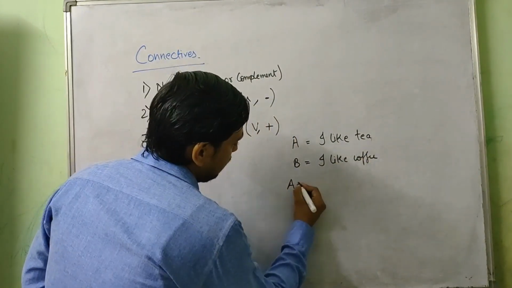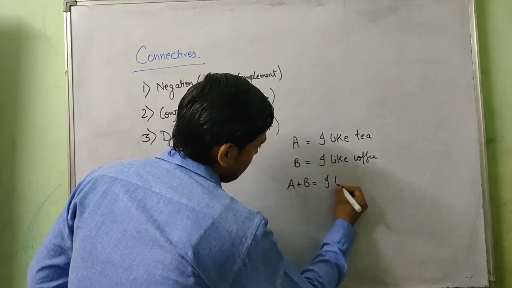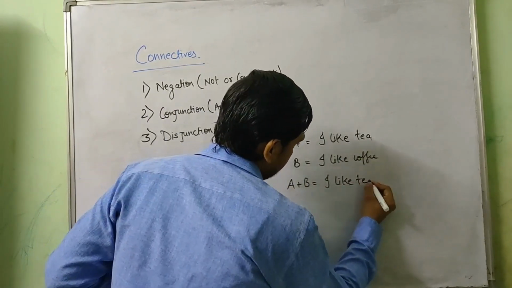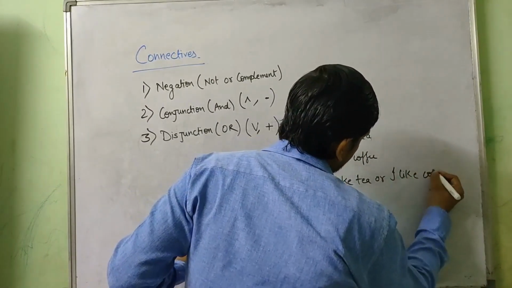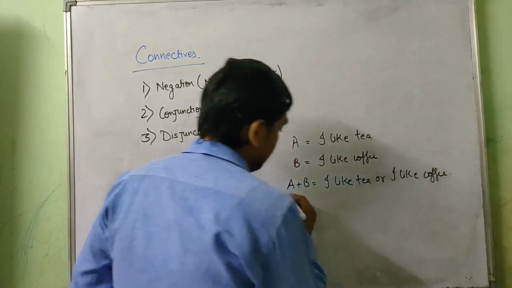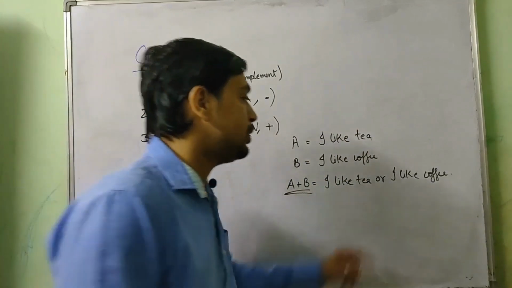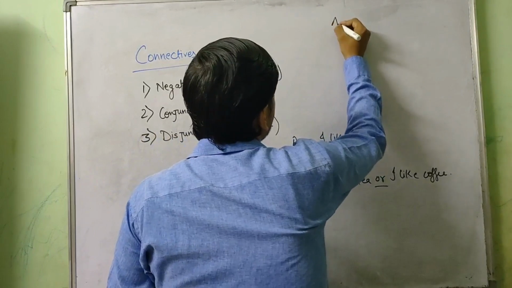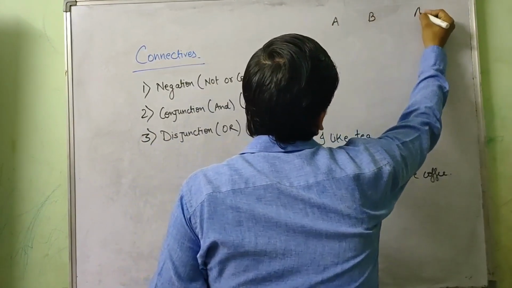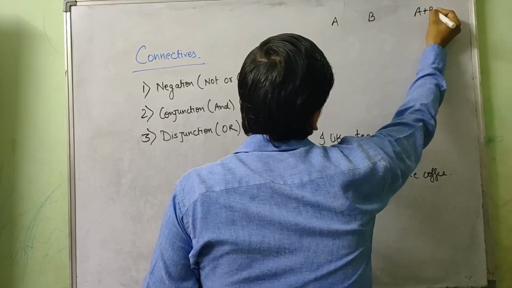Then A or B will be "I like tea or I like coffee." In this case, if any one of them is true, it will be treated as true because OR is used here. The truth table representation for this connective will be like this.